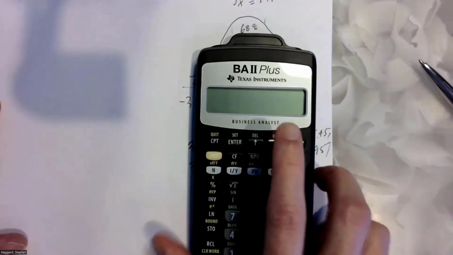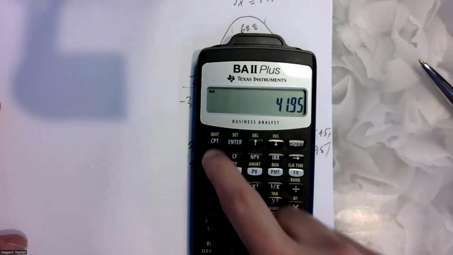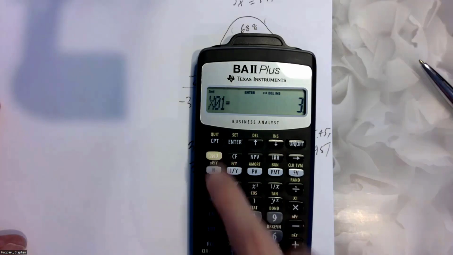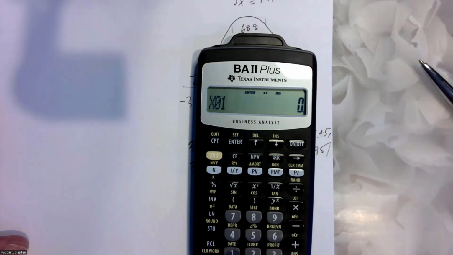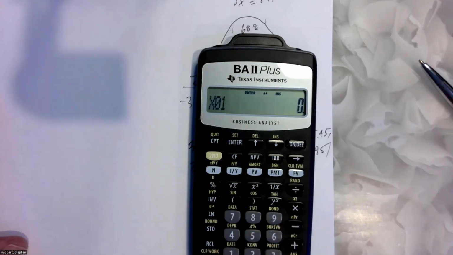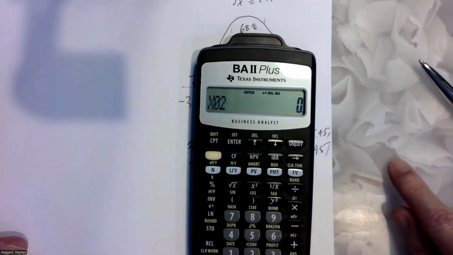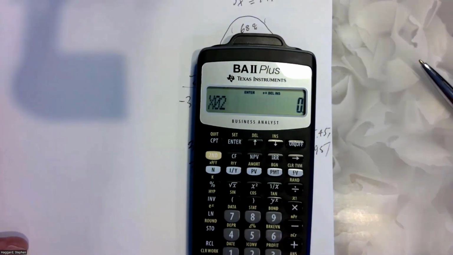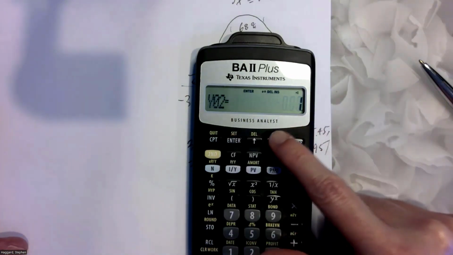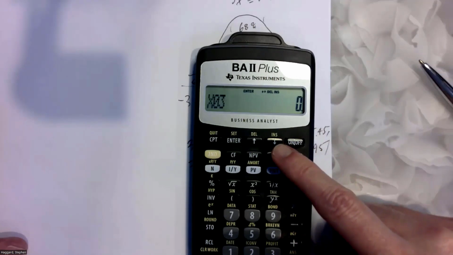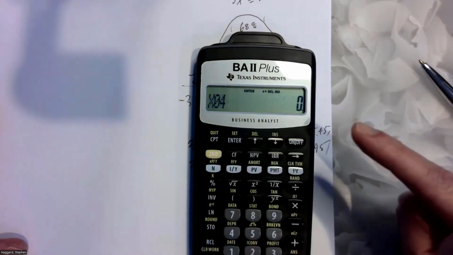So here's what I would do for this one. I would go to my calculator: second data, second clear work. Now we have X01 is 0.15, enter, arrow down, X02, 0.06, negative, enter, arrow down, X03, 0.18, enter, arrow down.